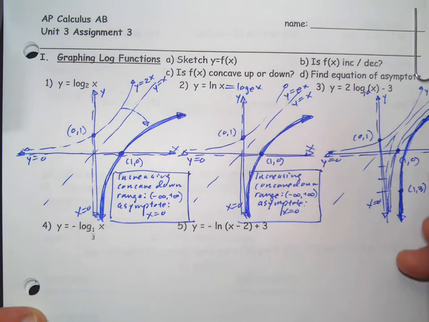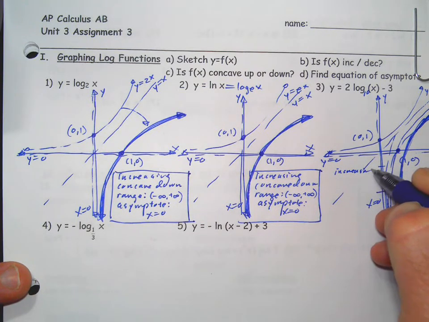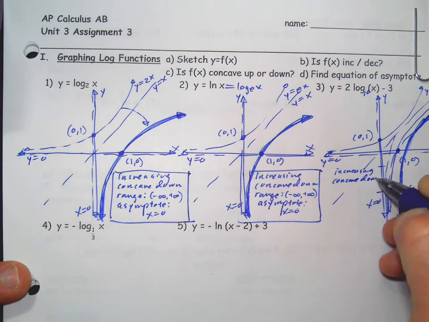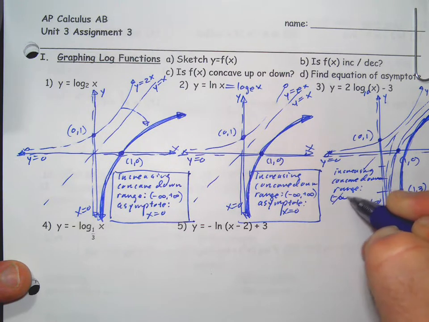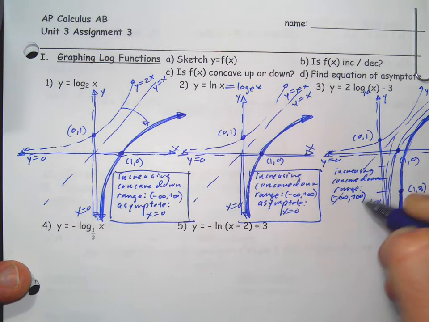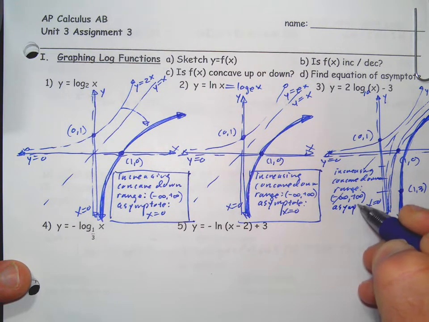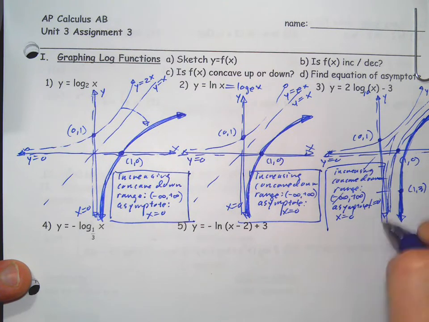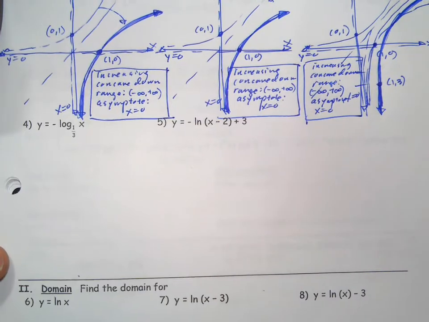So this one is increasing, concave down, range negative infinity, positive infinity, and asymptote is x equals 0. All right, good. Try the next one.